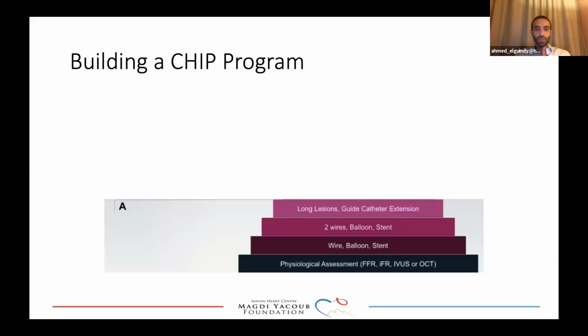But what we want to emphasize, perhaps as a last point, is this falls under a bigger umbrella of building a CHIP program.